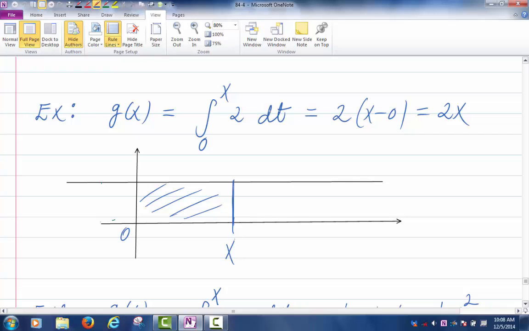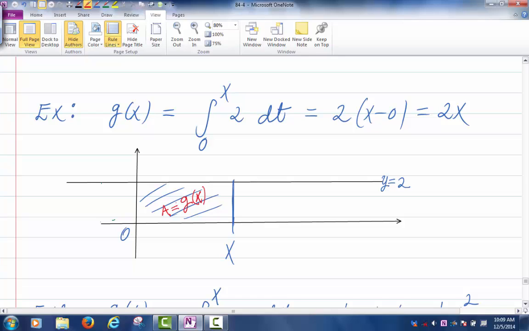And what's the area of that rectangle? Well, the height is 2, the length is x, so the area is 2x. Right? This height here, this is y equals 2. Is everybody okay? So g of x is really telling you the area of this rectangular region.